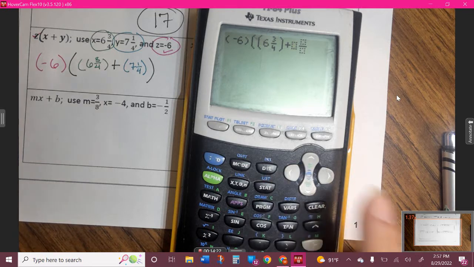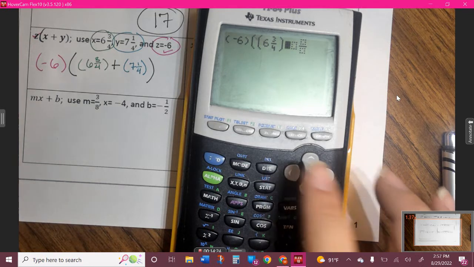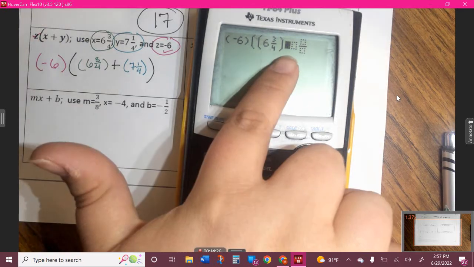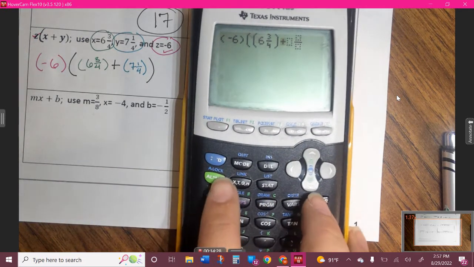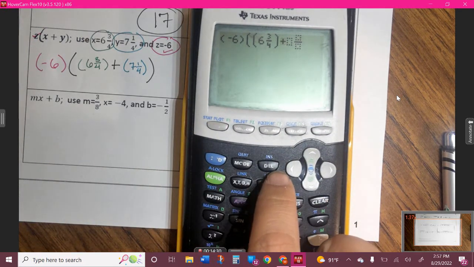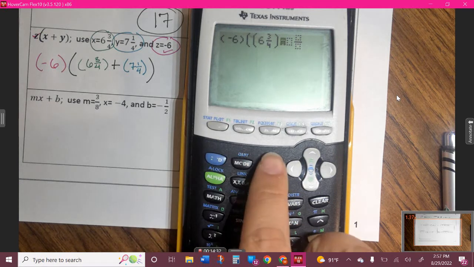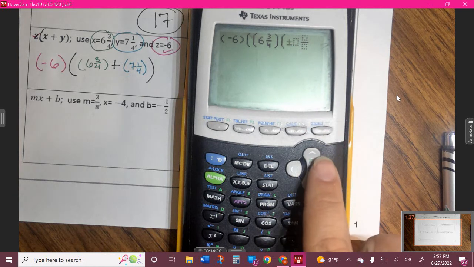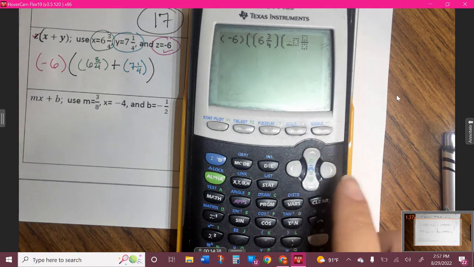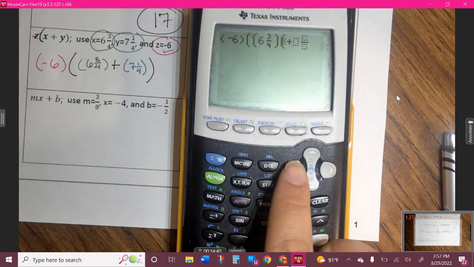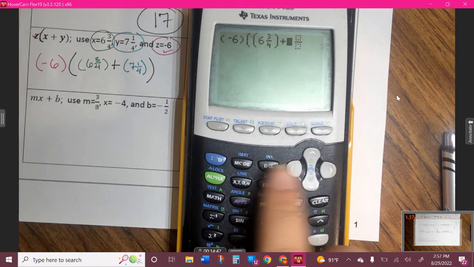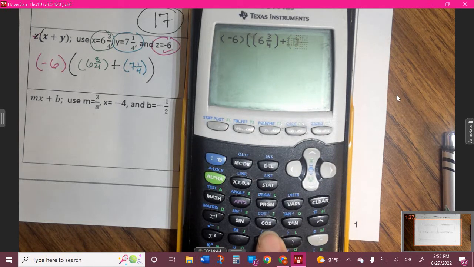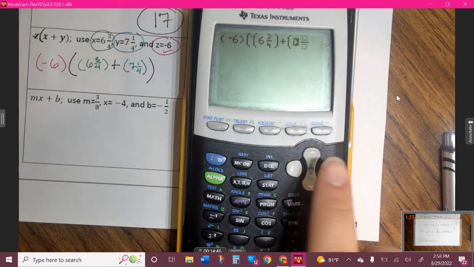And I don't have this inside of parentheses. That's okay. If you want it inside of parentheses, we can go back and insert parentheses by doing the opposite of delete. So we'll do second delete, and that's going to insert something in place of the plus sign. And I have done that in the wrong spot. So I'm going to hit delete again, second insert, parentheses, over the spot that I wanted it.